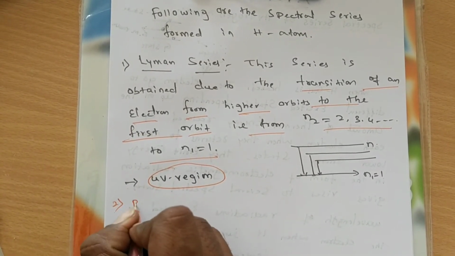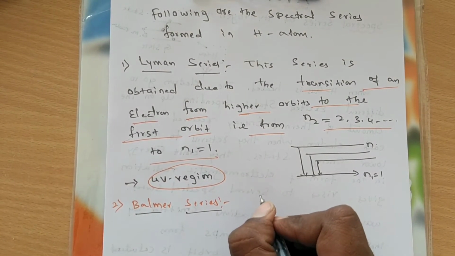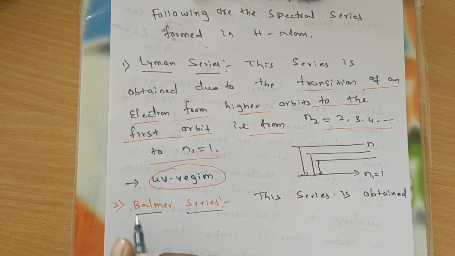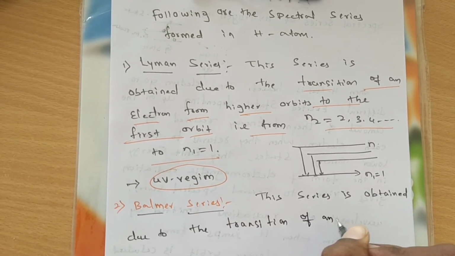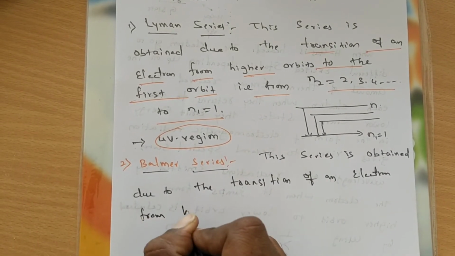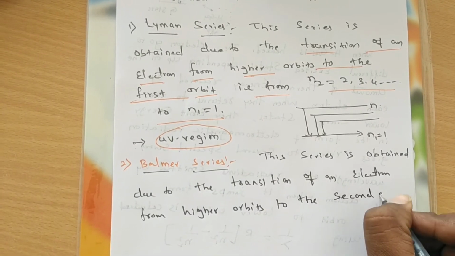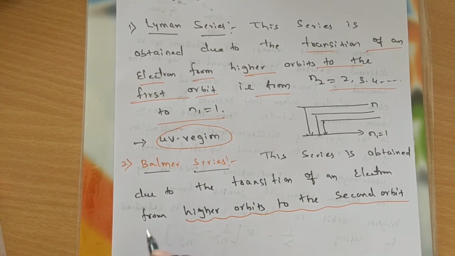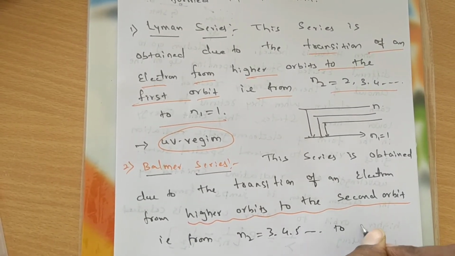And the second one is the Balmer series. This series is obtained due to the transition of an electron from higher orbits to the second orbit, that is from n2 is equal to 3, 4, 5 to n1 is equal to 2.